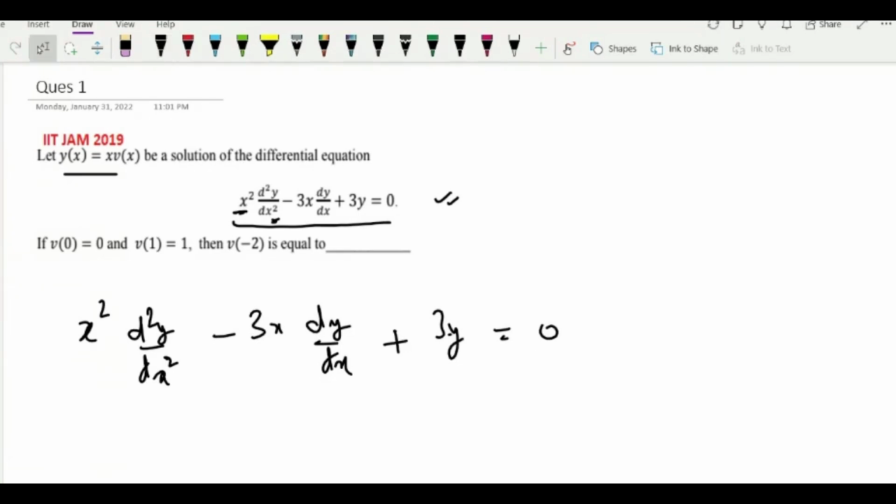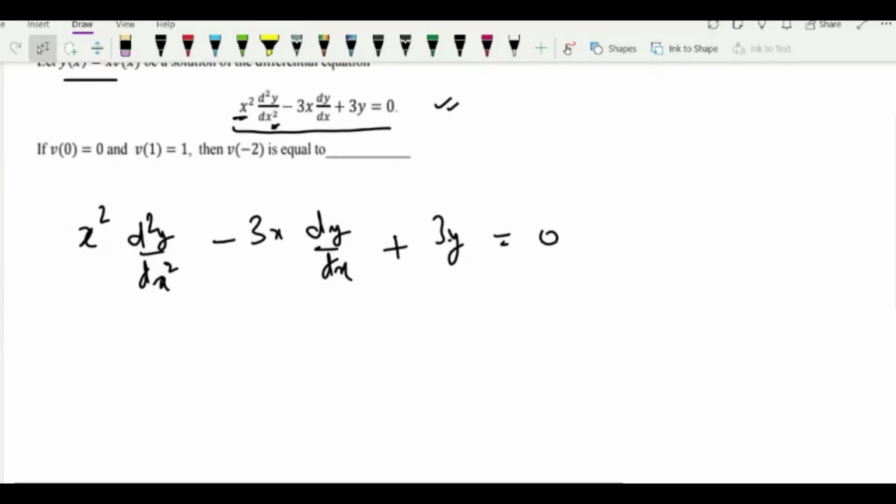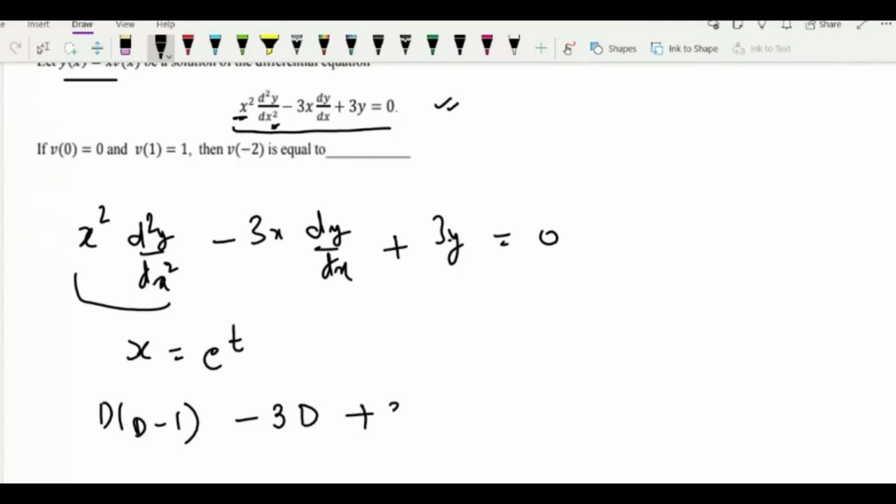Here we have the method: we just substitute x is equal to e raised to power t. When we substitute x is equal to e raised to power t, this is converted into D(D minus 1) minus 3D plus 3, y is equal to 0.